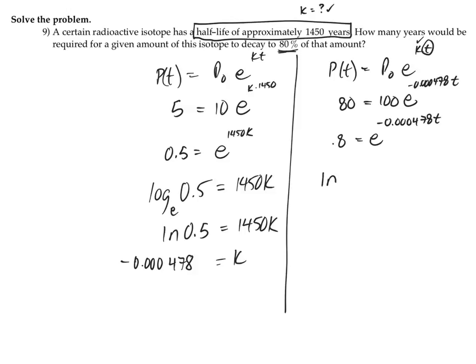I'm going to get smart. Ln 0.8 equals negative 0.000478 T. Divide both sides by that. See what that comes out to. Okay, so I got to go ln of 0.8 divided by that other number, which I still have in my calculator.